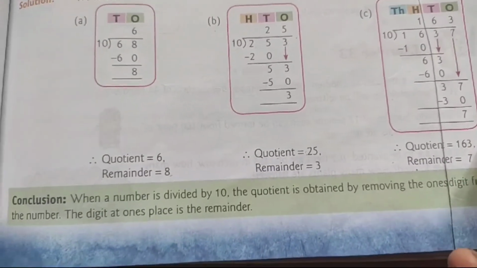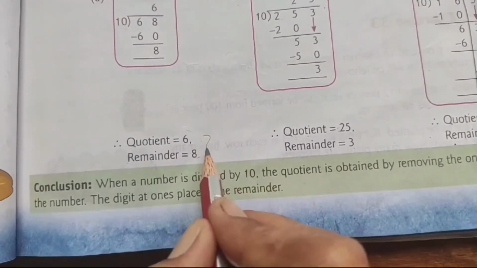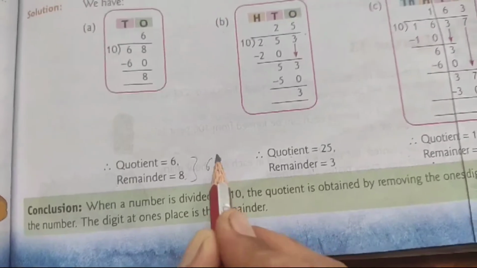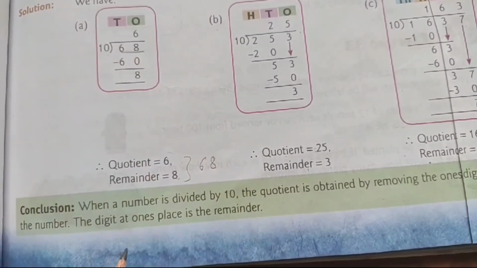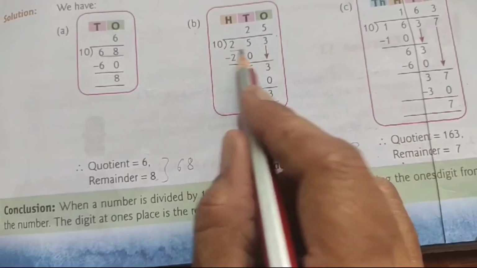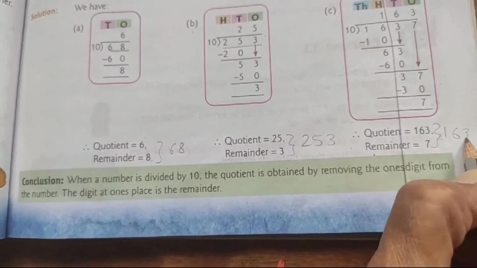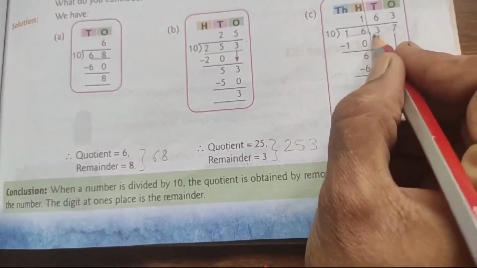When you observe these numbers of quotient and remainder, if you join them together, it is 68, your dividend only. If you join these, it is 253, your dividend, and together 1637, which is your dividend.